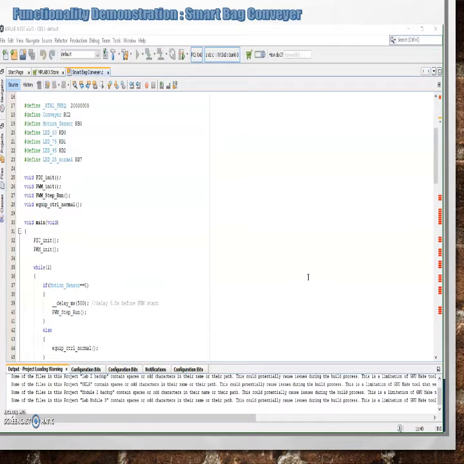I will present a functionality demonstration for our project titled Smart Bag Conveyor.